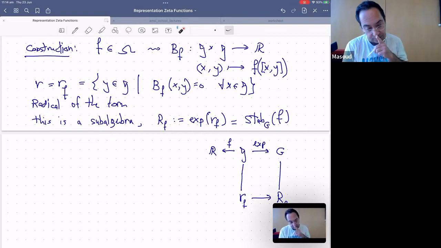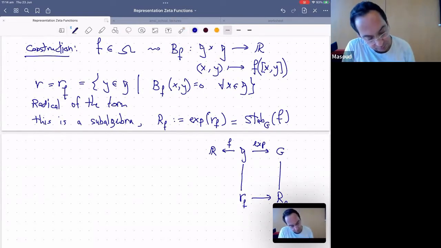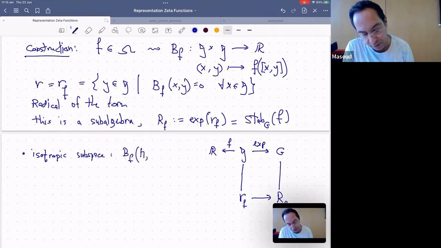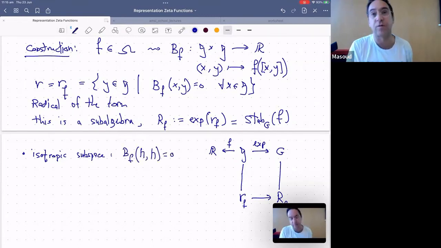But we're interested in an isotropic subspace. So let me give you some definition. So isotropic subspace H means that B_F of H is zero.